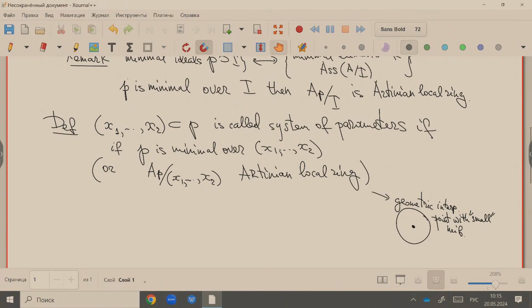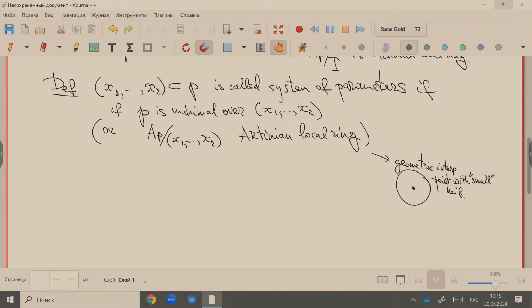If you want to get the intuition about the small neighborhood: because you have an Artinian ring, you have a filtration, and if it is local, then at some point some power of the maximal ideal is equal to 0.